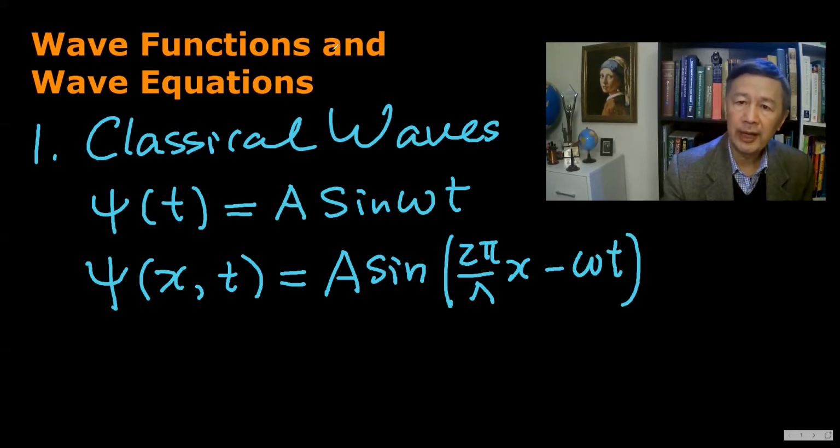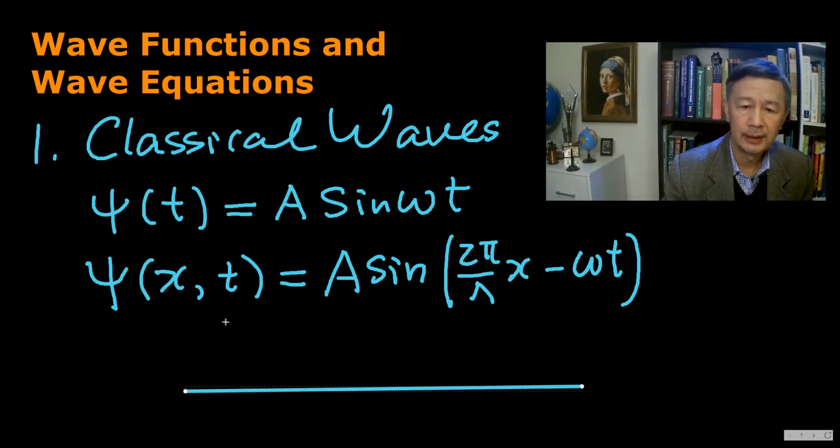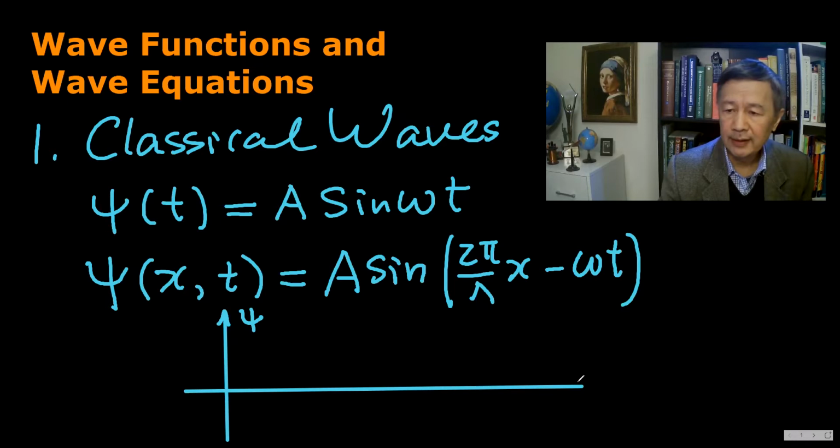If I draw the diagram, you will know what I mean. Say we have a wave propagating in space, and this is the oscillation quantity. It could be a displacement, or it could be an electromagnetic field. This is called phi, and this is the position in space.